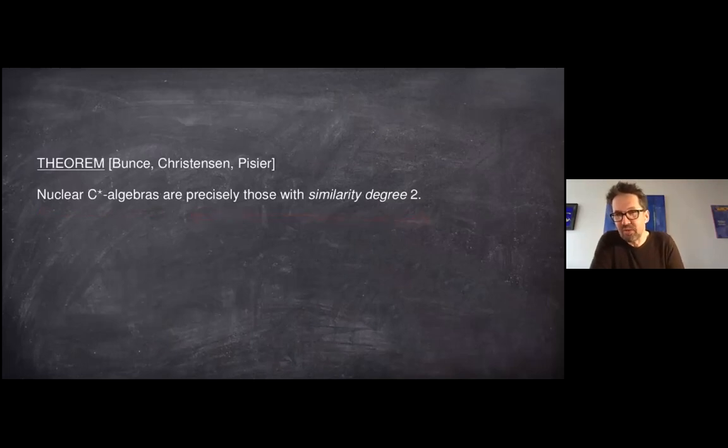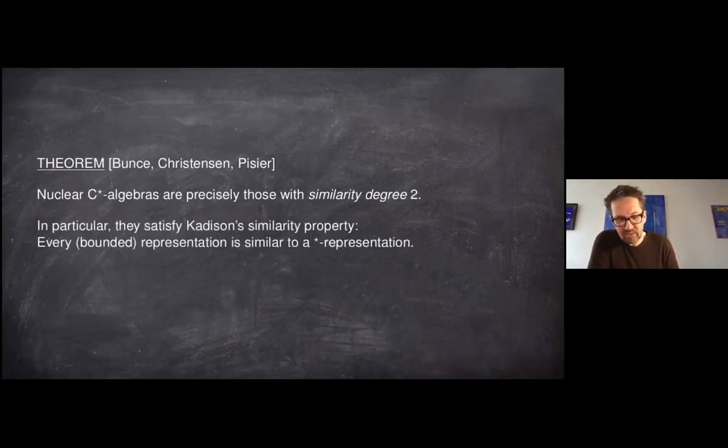I don't want to recall what similarity degree is, but let me say that this is a way to quantify how far a C-star algebra is from satisfying the similarity property, and this I will define.